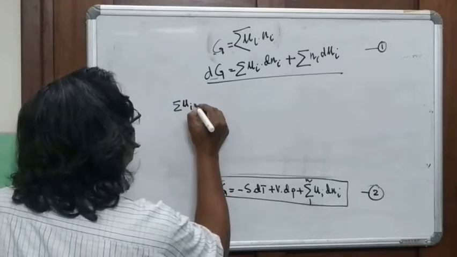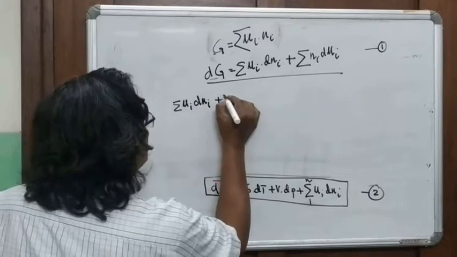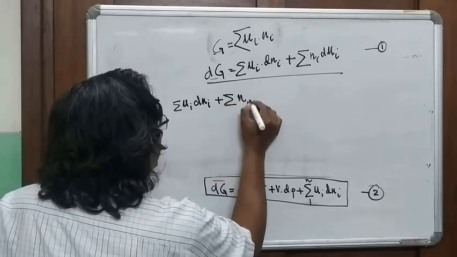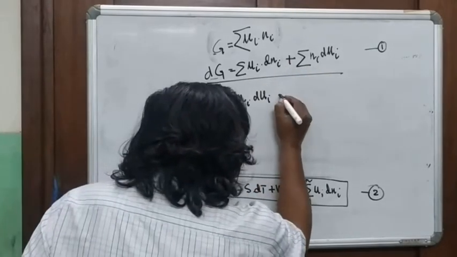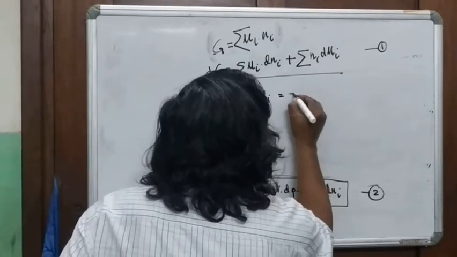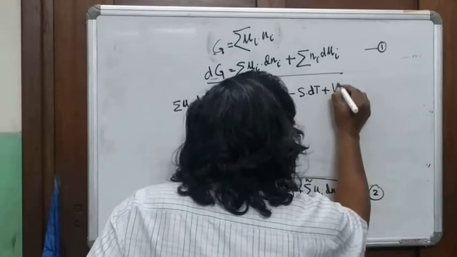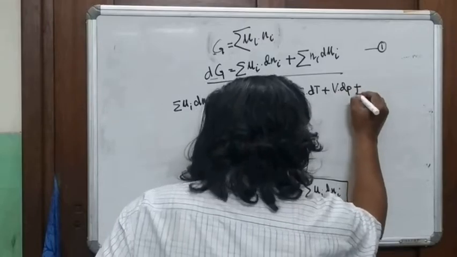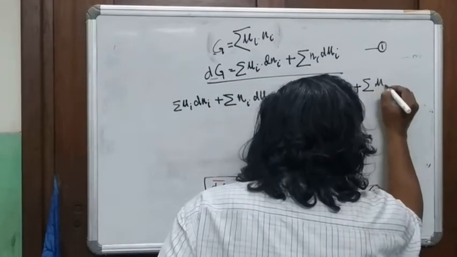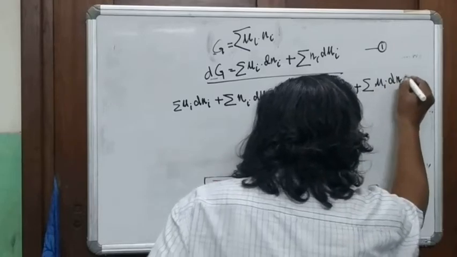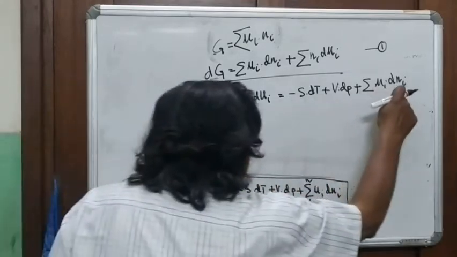So now I can write, equating 1 and 2, sigma mu I dni plus sigma Ni d mu I, this is this part, is equal to minus S dt plus V dP plus sigma mu I dni. This is because dG is same, I put this equation.